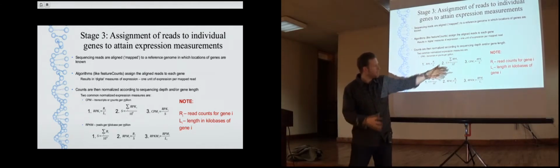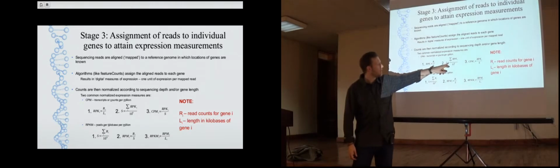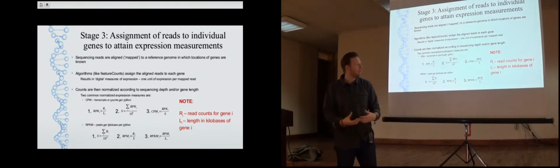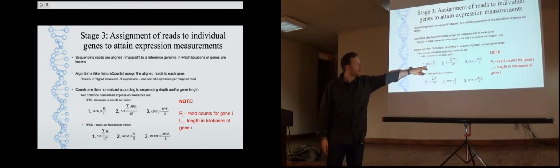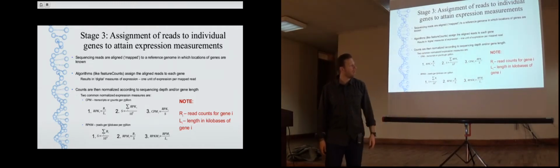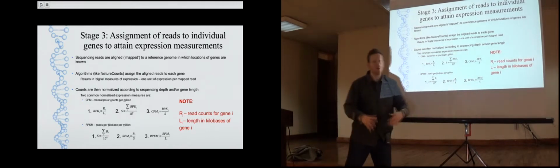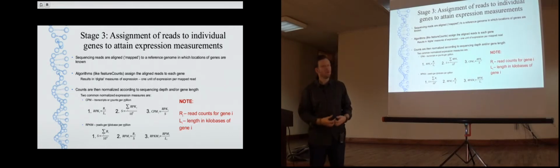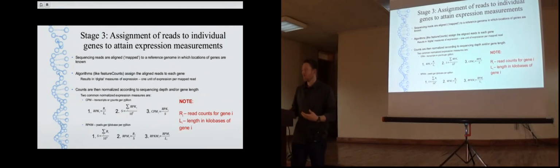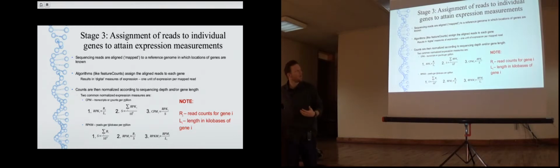Then you do a summation here of these RPK values, divide by 1,000,000, that's your per million scaling factor, and then you get your CPM by dividing each of these normalized values, these RPKs, by that overall scaling factor. Now RPKM flips the order a little bit, but it's just important to note here that you have to do this normalization. Just the raw sequencing read counts don't help. Any questions so far on this?